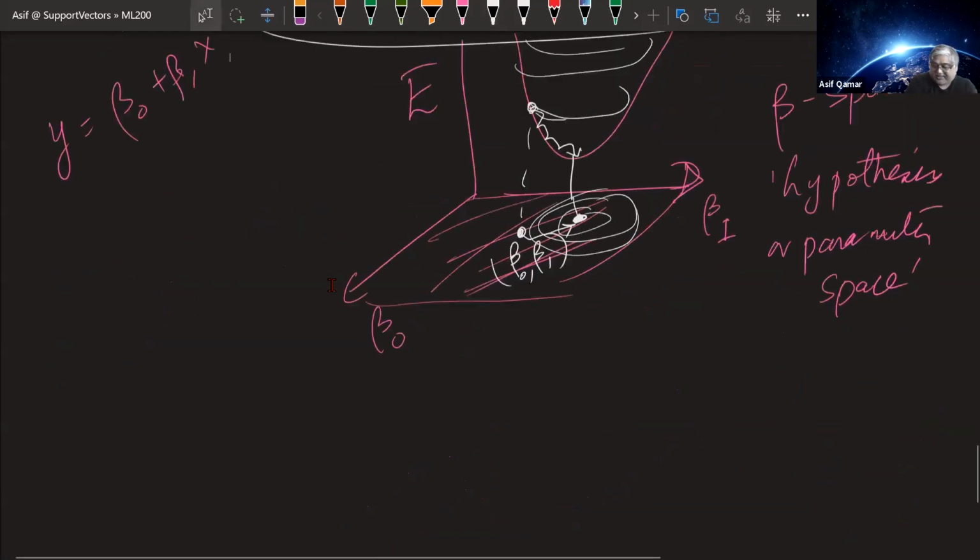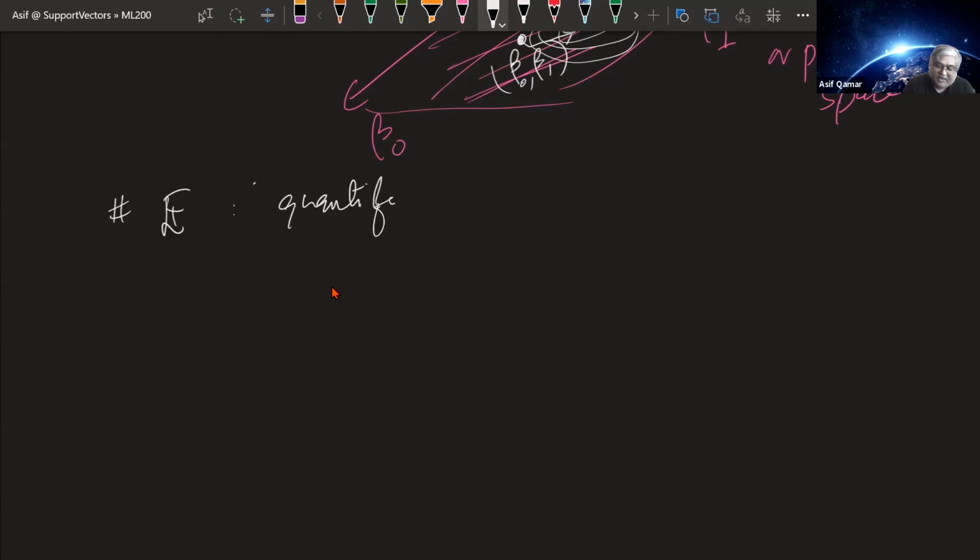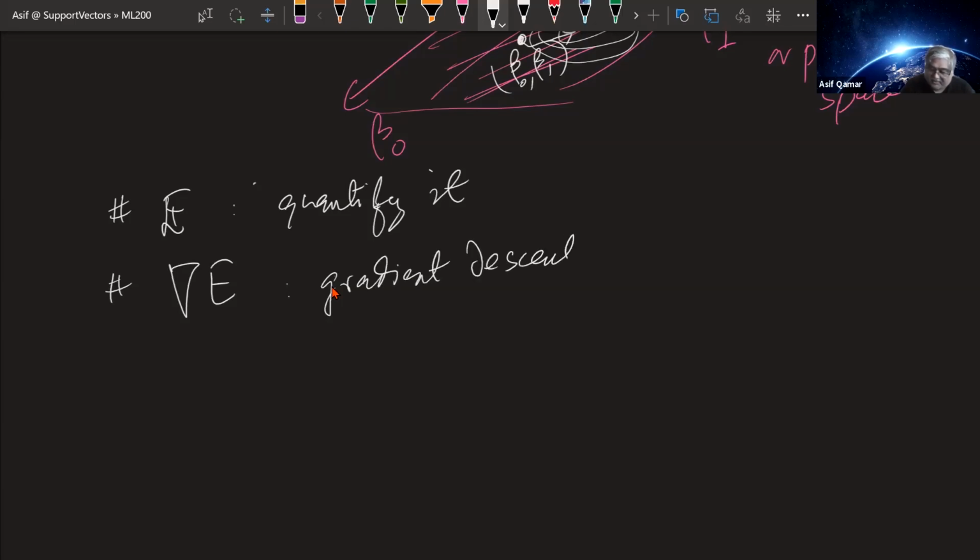Just to summarize with regression, we have the two main parts of machine learning. First, quantify the error. Then gradient descent, or backprop, to the lowest error.